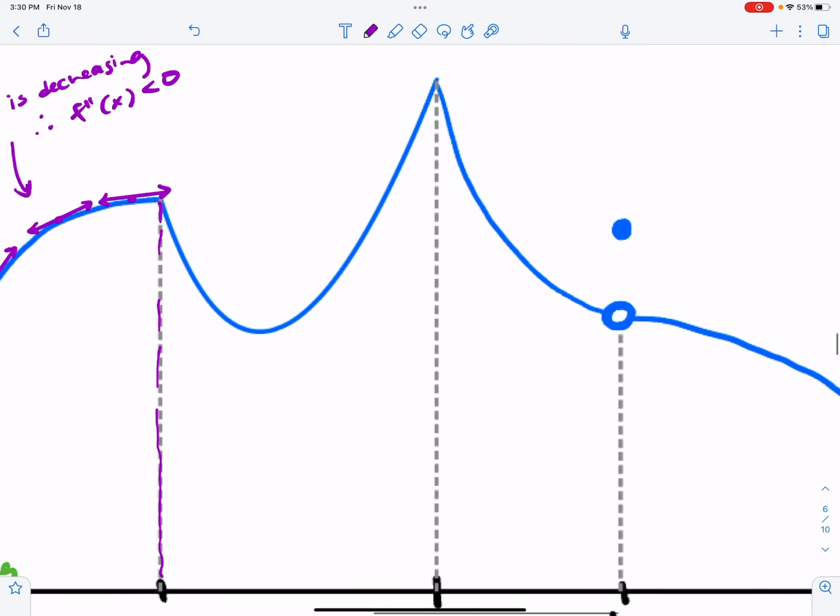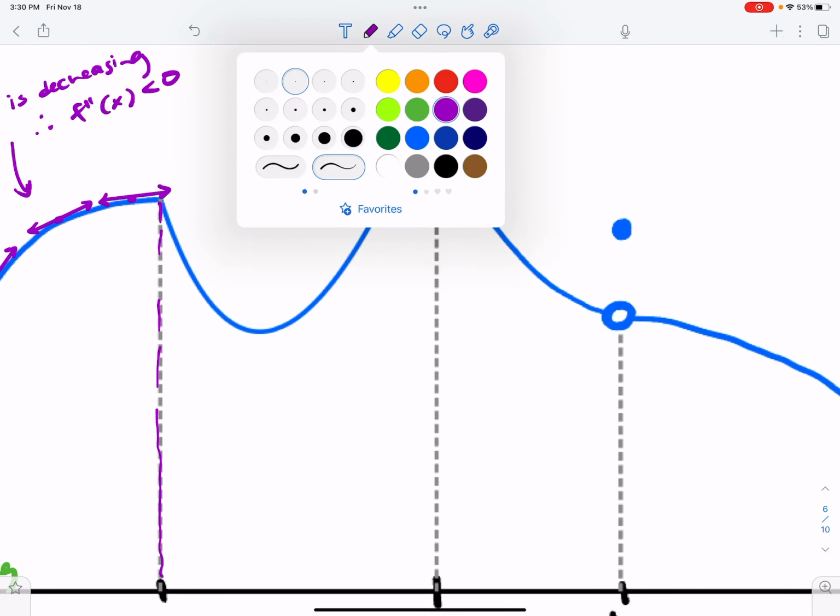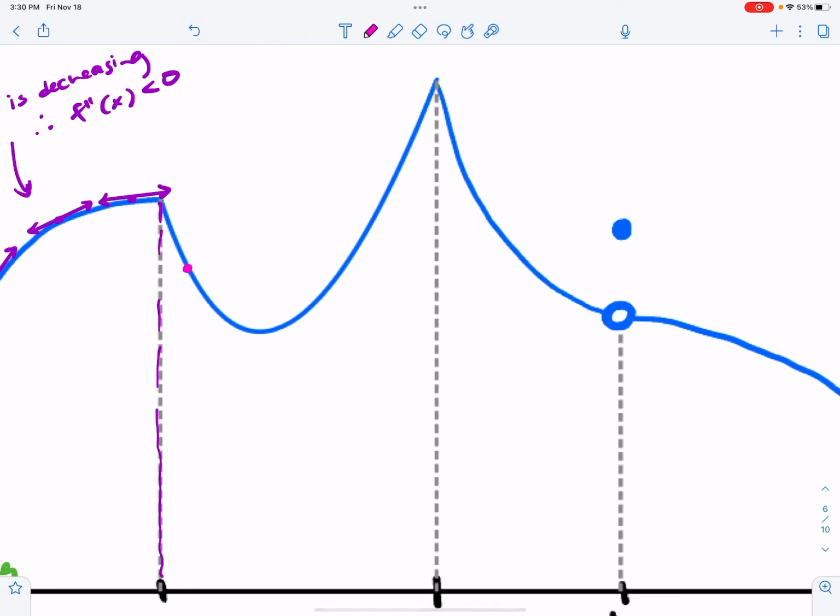And then from D to E, pick a color here, we'll do pink. Drawing some tangent lines to give me a visual of what's happening to f prime and the values of f double prime on that interval.